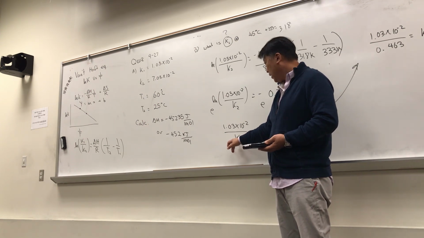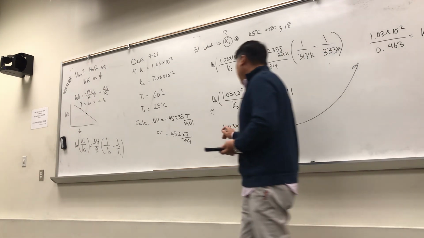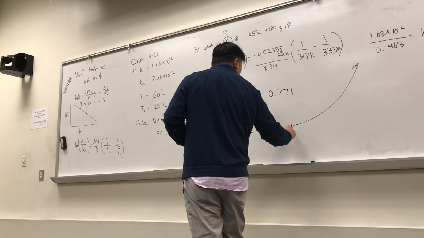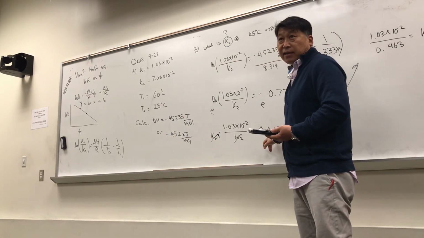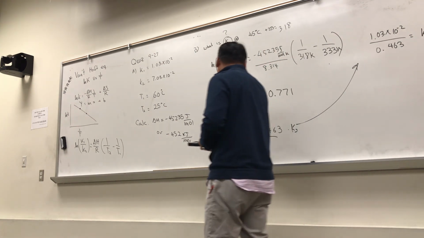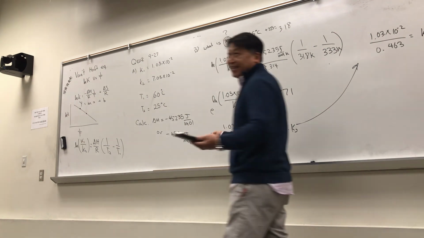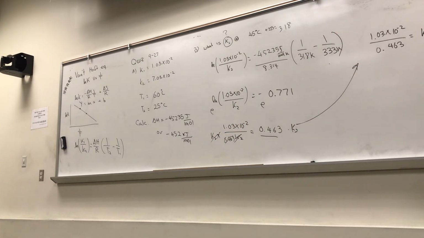Let's do that. Multiply, right? Wait. I got it, that makes more sense. There we go. Divide this. Do it the way we did it, not fancy algebra. That makes sense? Yes, now it makes sense.